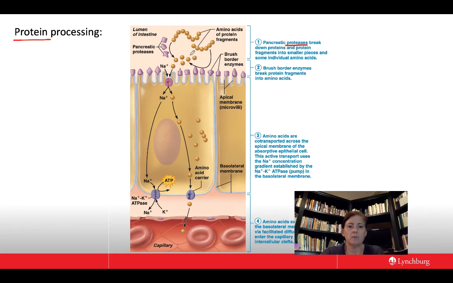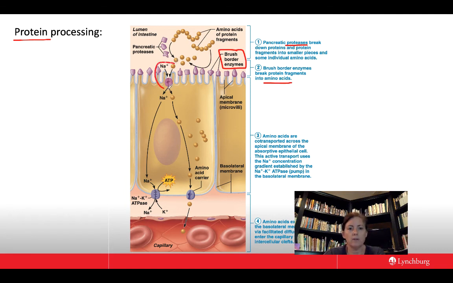And that's what we're going to see here. Those proteins, smaller protein fragments, and even amino acids are then going to come into contact with the brush border enzymes that are present again and further break down those smaller proteins into amino acids.